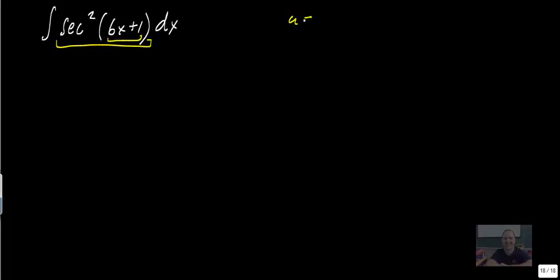So u is going to equal 6x plus 1, whether you like it or not. du is 6 dx. The derivative of u is 6, no problem. I look over here, and do I have a 6 dx anywhere? No, I just have a dx. I say to myself, it would really be nice if I had a 6 dx, so let's just make one. And of course, if you do that, you have to do this. So we're in really good shape now.